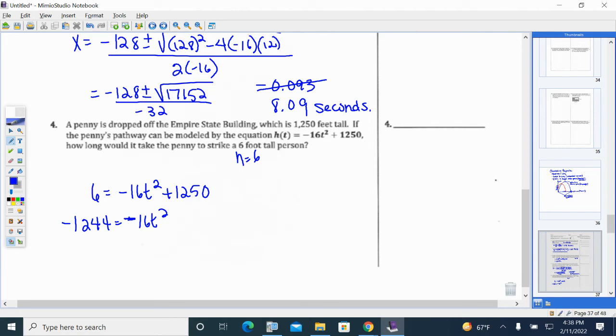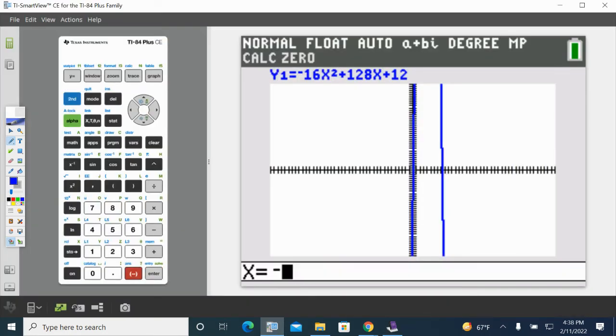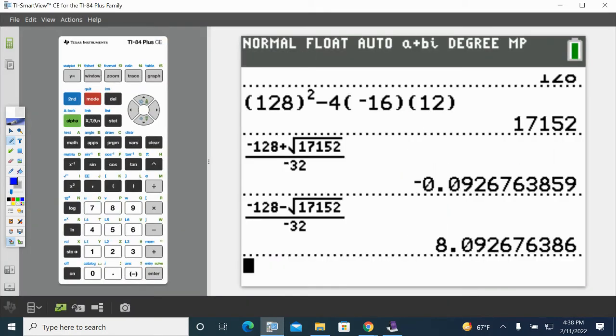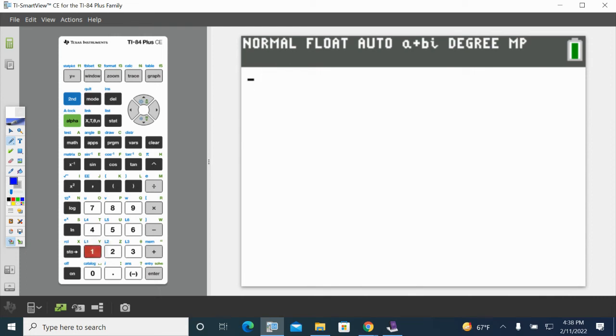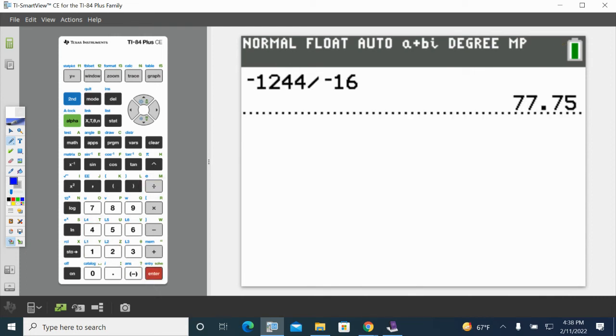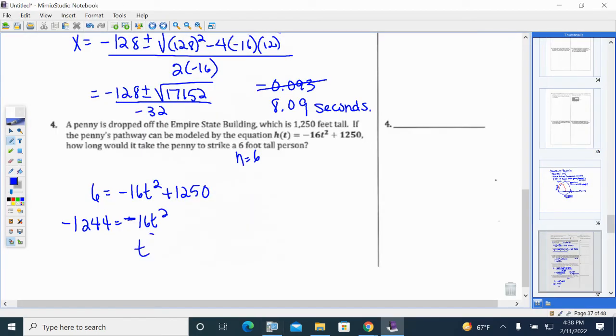So then I'm going to divide both of those sides by negative 16. So let's see. Negative 1,244 divided by the negative 16. And we get 77.75. So t squared equals 77.75. And then I need to square root that.